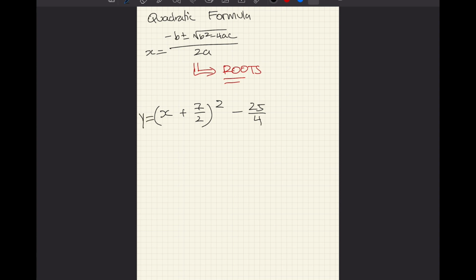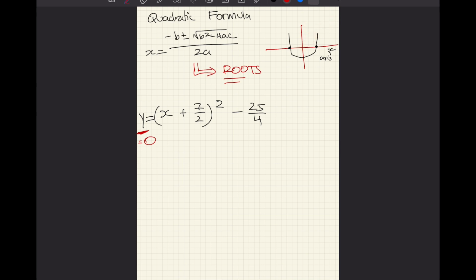We studied in the quadratics video and the graphing video that to find the roots, the points where the graph crosses the x-axis, we need to make y 0. The reason is because at the x-axis, y is going to be 0.